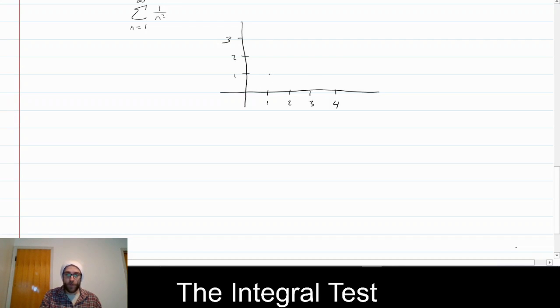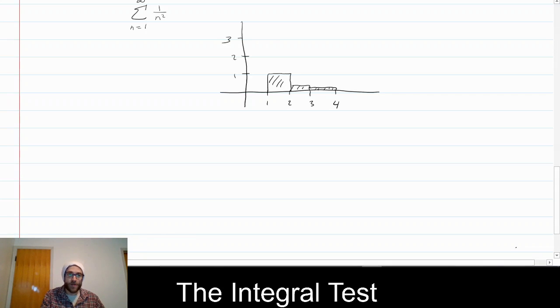So 1 over 1 squared is going to be 1, so that's going to correspond to this rectangle. And then 1 over 2 squared is going to be 1/4, so maybe like here, and then 1/9. So it's going to be even smaller. So this is our 1 over n squared.